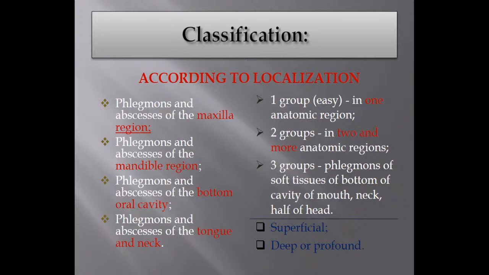A second group in two and more anatomic regions, and a third group is phlegmons or abscesses of soft tissue of the bottom of the cavity of the mouth, neck, and half of the head. Why? Because they are more dangerous and more severe for patients, for clinical manifestations, and for treatment, of course.